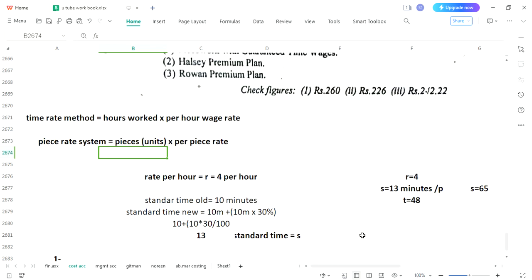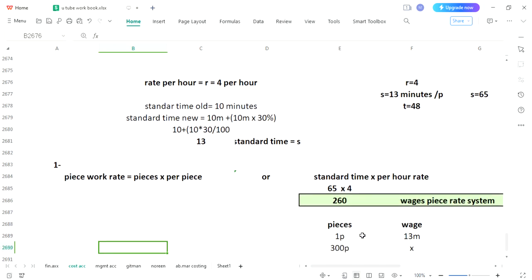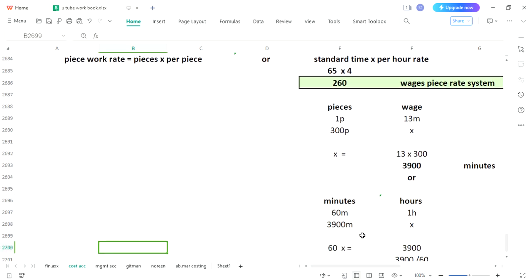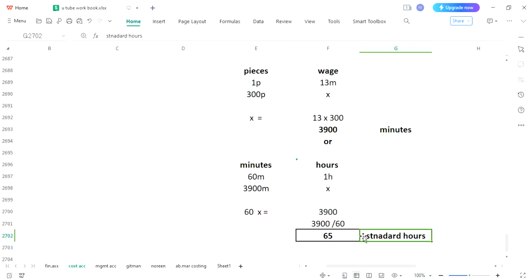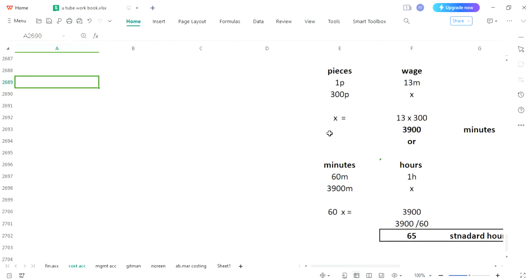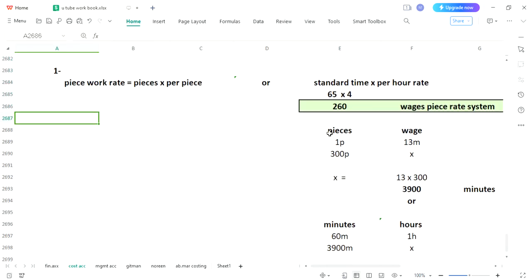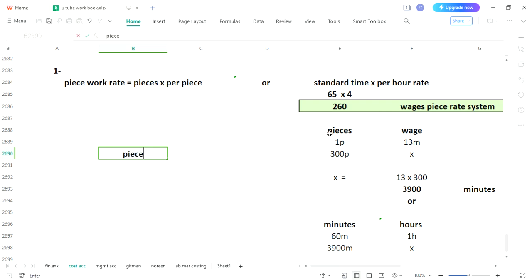This is already we have calculated, and you can see this is standard hours. 60 minutes. 13 minutes are given to make one piece. In the similar way, you will calculate per hour. For that, what you will use: pieces and time.